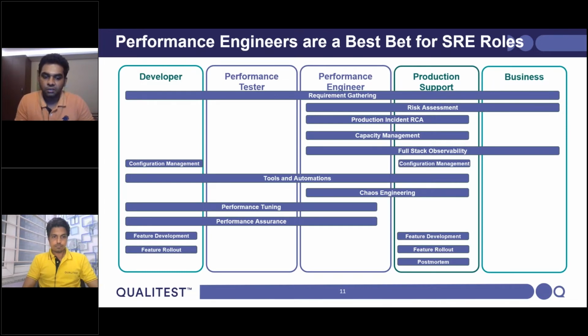And feature rollout is where developers or production support engineers try to roll out a particular feature. There are a lot of deployment strategies right now, and as part of our business requirements we maintain availability and reliability requirements, correct?